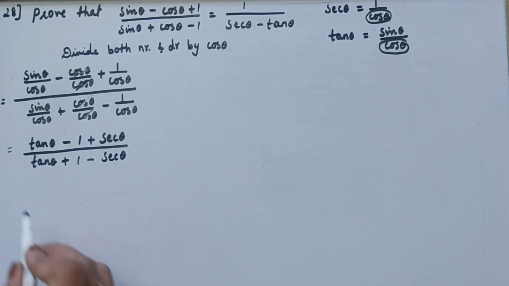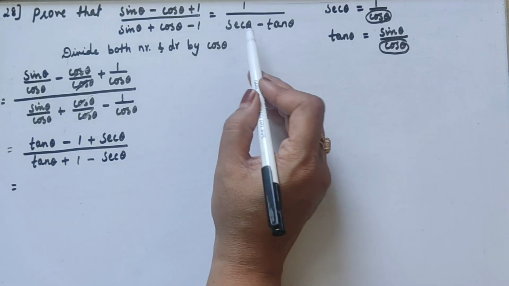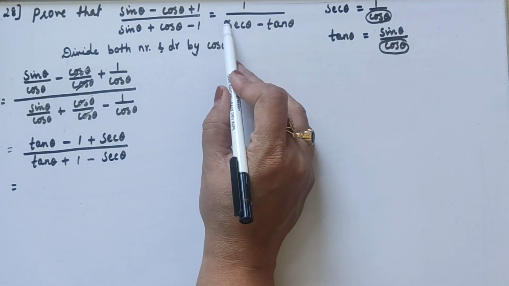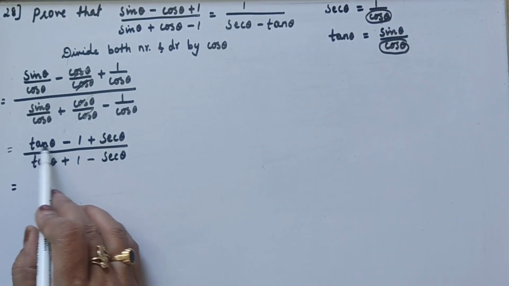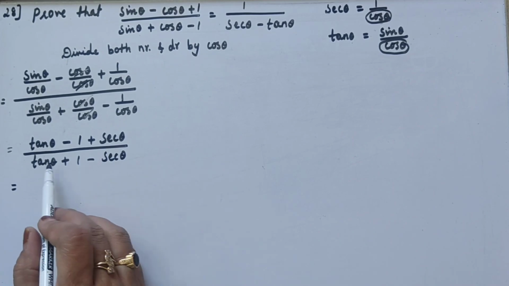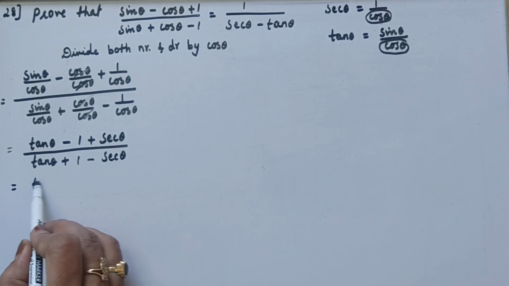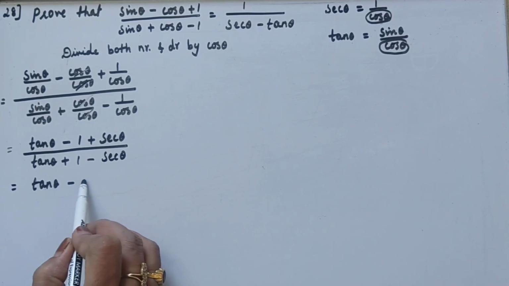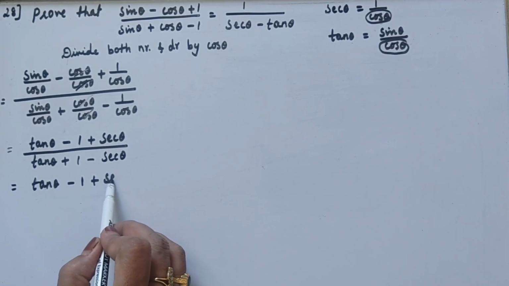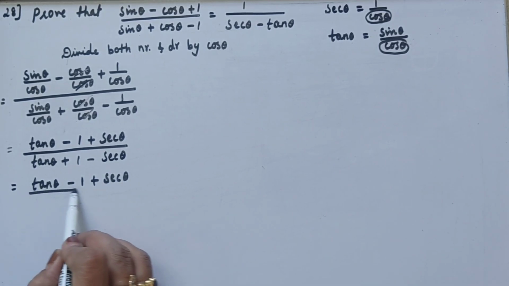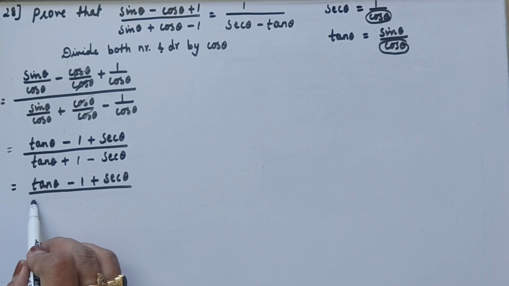Hope this is clear. Then equals to, as it is in the denominator, we'll just leave this numerator as it is. We'll disturb only the denominator. Okay, now here tan theta minus 1 plus secant theta. Please don't disturb the numerator. We'll check only the denominator here.